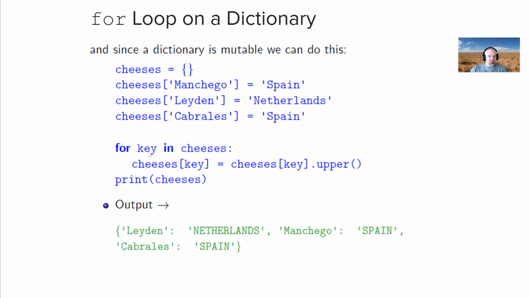So what we're saying here is, for key in cheeses, key will take on the value of the keys one at a time. And so you're saying cheeses of the first key equals cheeses of the first key, and then upper, so you're taking the uppercase of whatever's in there right now, right? Here you're referring to the value for that key, and then you're taking that value and making it uppercase, and then storing that into wherever it was before, right?